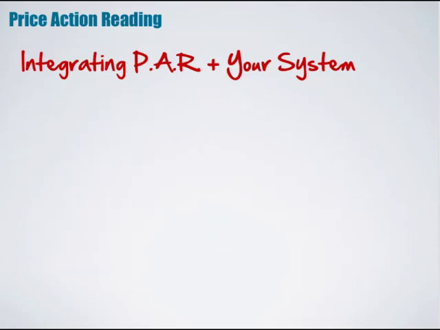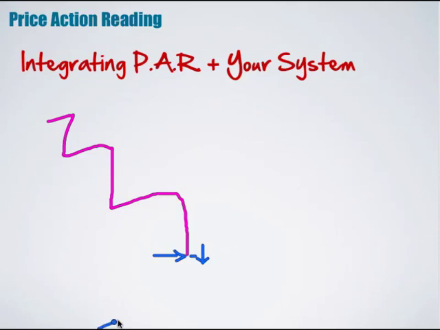So for example, let's imagine this is price merrily moving along, and at that precise moment your trading system signals a short entry right there, an entry to go short. However, you take a look at the daily, weekly, monthly time frame, you draw your levels of support and resistance, and you realize that there is a trend line coming right there, and therefore obviously implying long-term support right there.